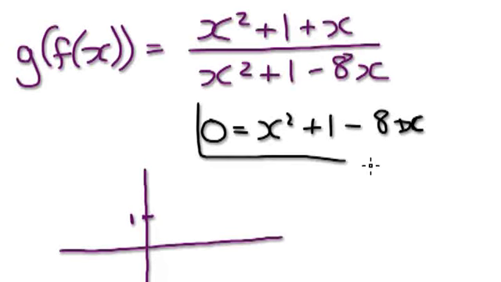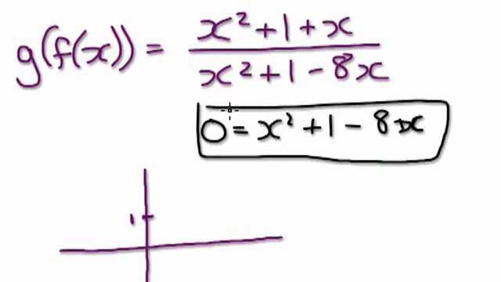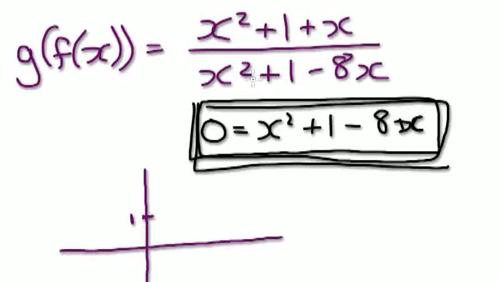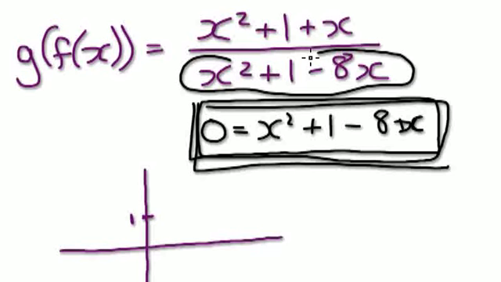In order to solve this, I've done a whole section on solving quadratic equations. So if you don't understand what's about to come, then watch that section. We're trying to answer the question, when is it that this whole thing equals 0?